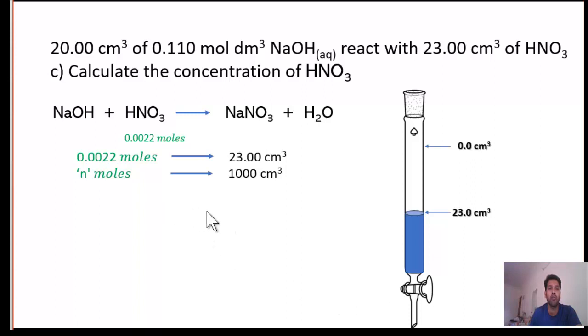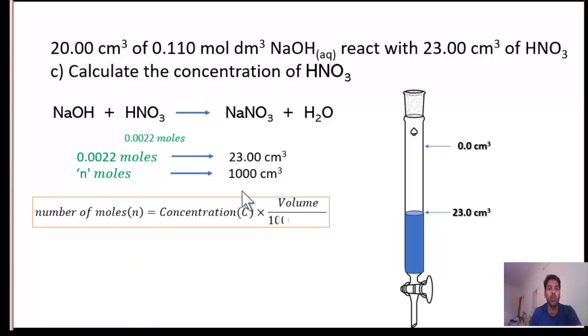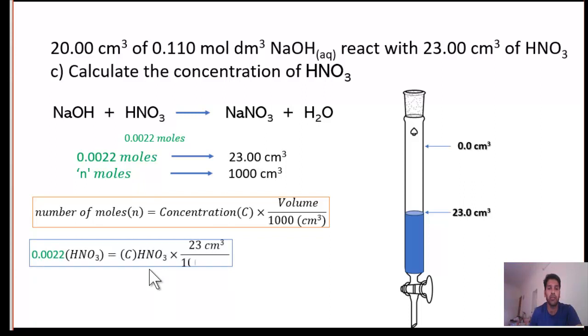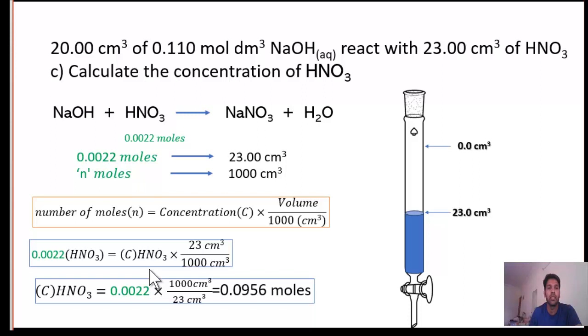Here also we can put a similar equation, it is just a cross multiplication of these two values: number of moles of nitric acid is equal to concentration multiplied by volume divided by 1000 centimeter cube. That gives us the answer 0.0956 moles per dm cube. So the concentration of nitric acid being used in this titration is 0.0956 moles per dm cube.